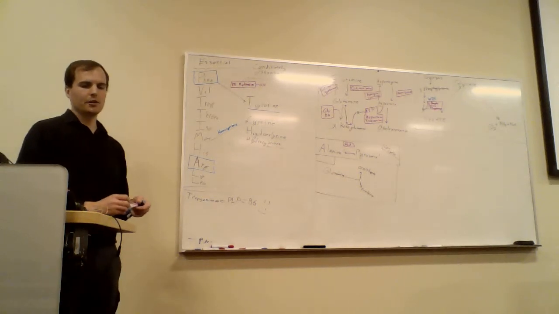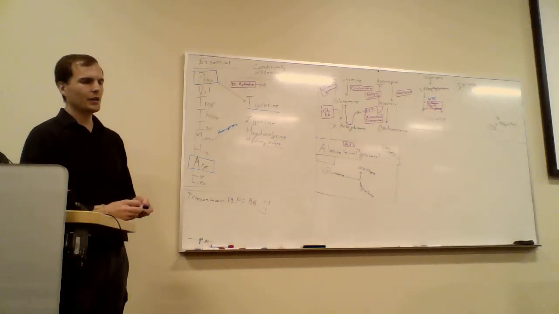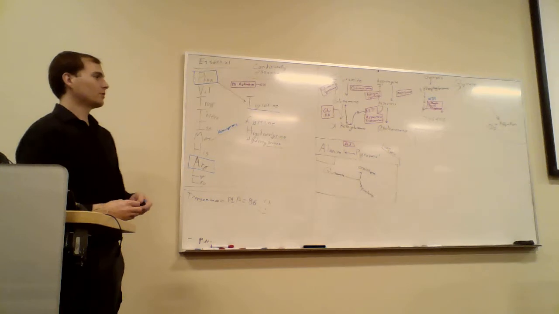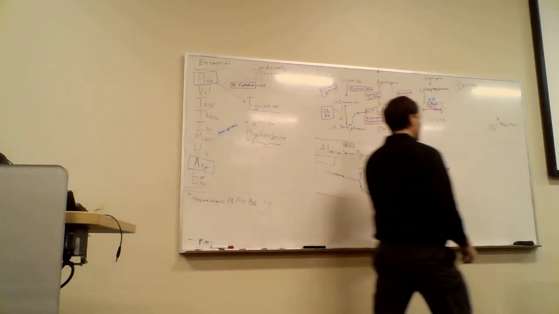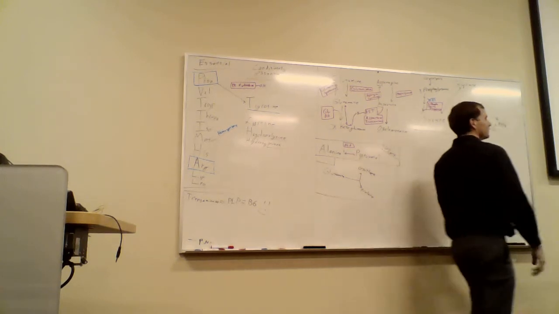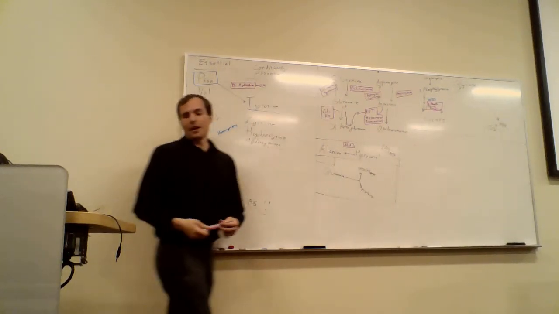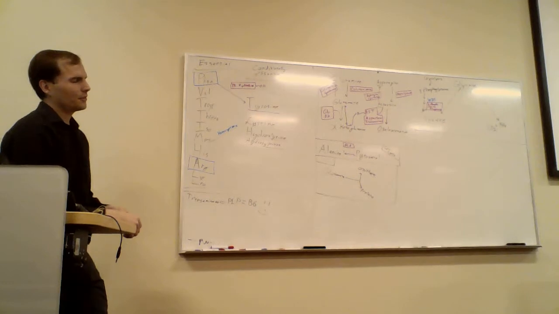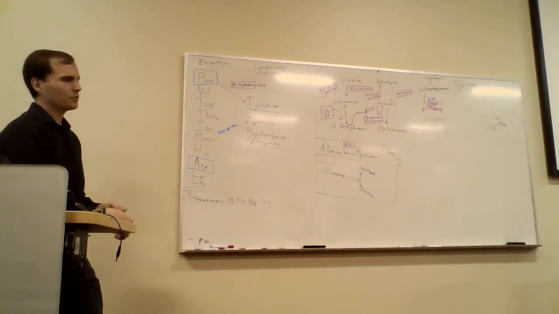All right, so the first one is out of carbon dioxide, ammonia, and water. I don't see that on the slide, so I'm going to add that. And then it turns into glycine, and then glycine will turn into serine.